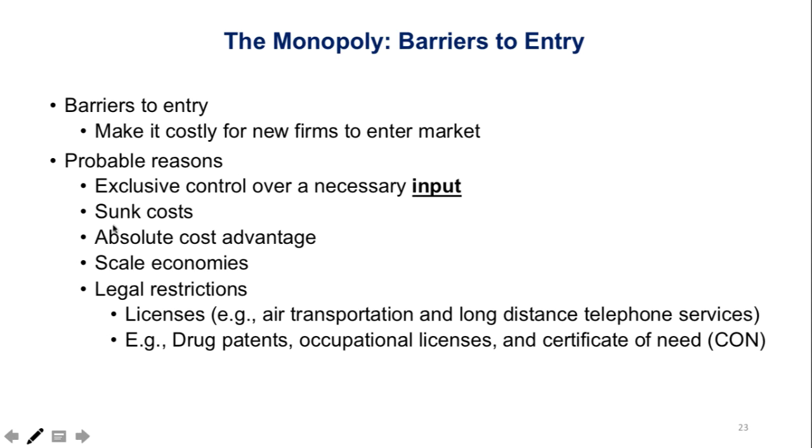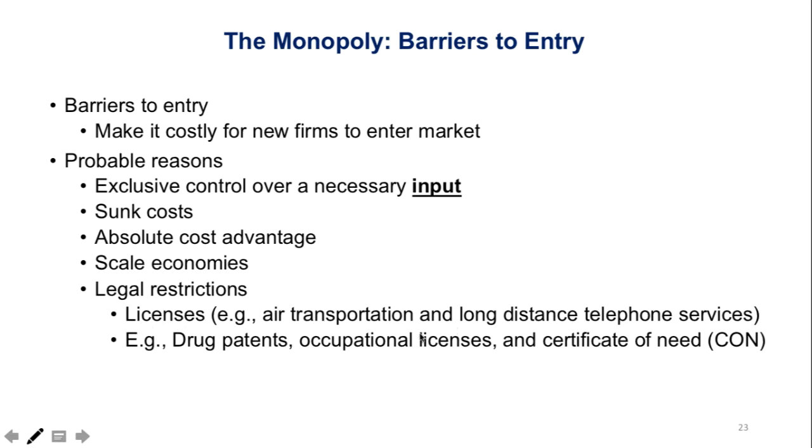Or because of sunk costs, where the initial cost is very expensive to enter that market. Or there may be absolute cost advantages for these monopolies, so other firms cannot compete with them. Or there may be scale economies, where big firms with mass production can decrease the average total cost. And there may be legal restrictions, so there is a need for licenses.